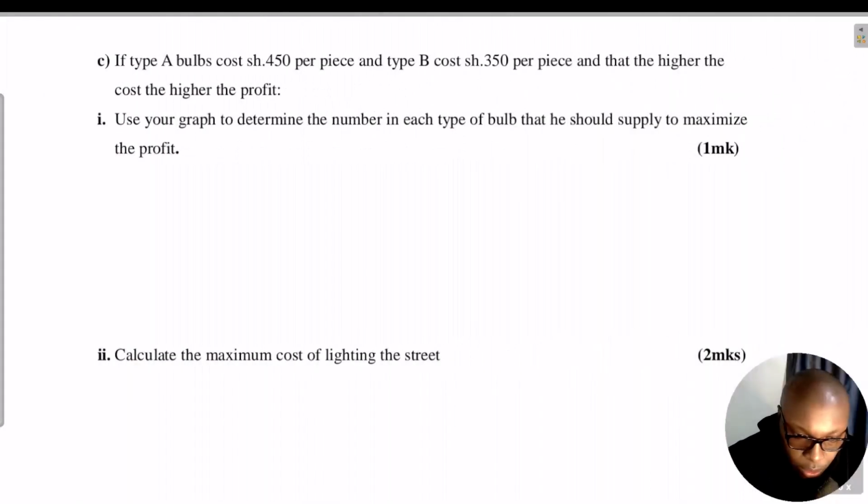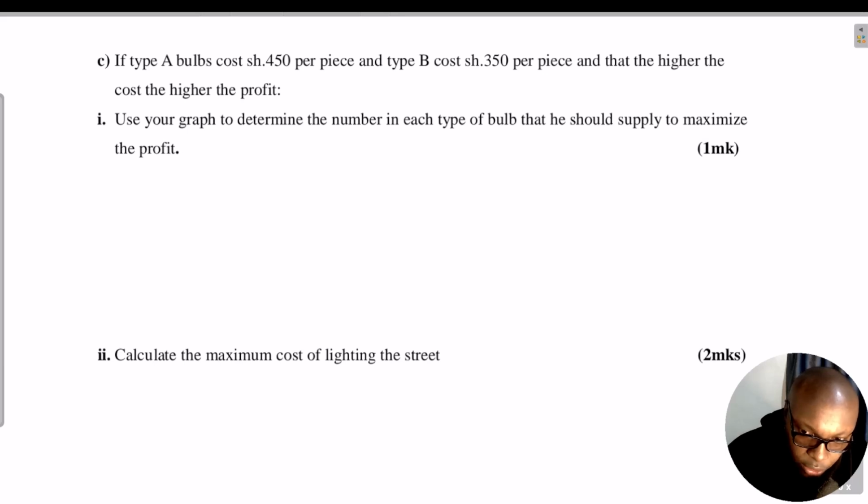So part C of the question: if type A bulbs cost 450 per piece and type B cost 350 per piece, and the higher the cost, the higher the profit, use your graph to determine the number of each type of bulb that you should supply to maximize the profit.